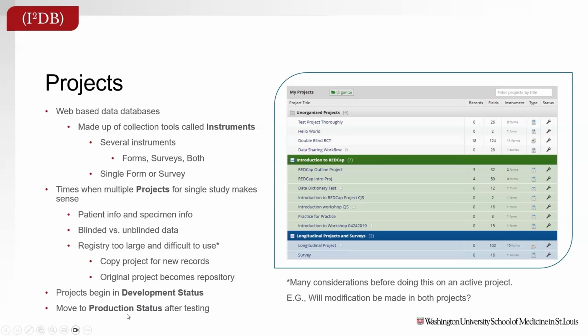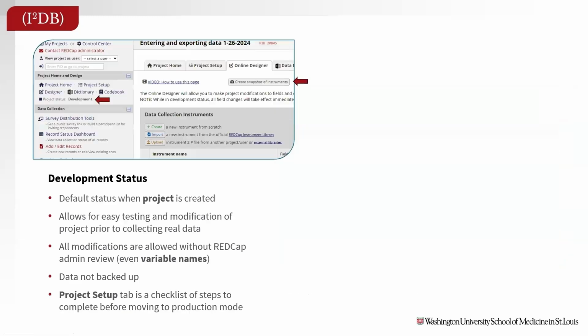Okay, let's talk about development and production status. When you create a project, like we're going to do shortly, you create it in development status. That's the default, and you can test and modify your project here.